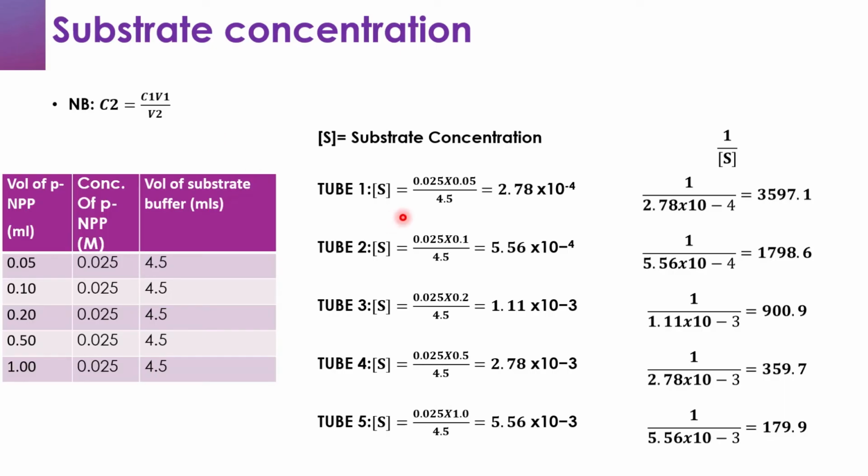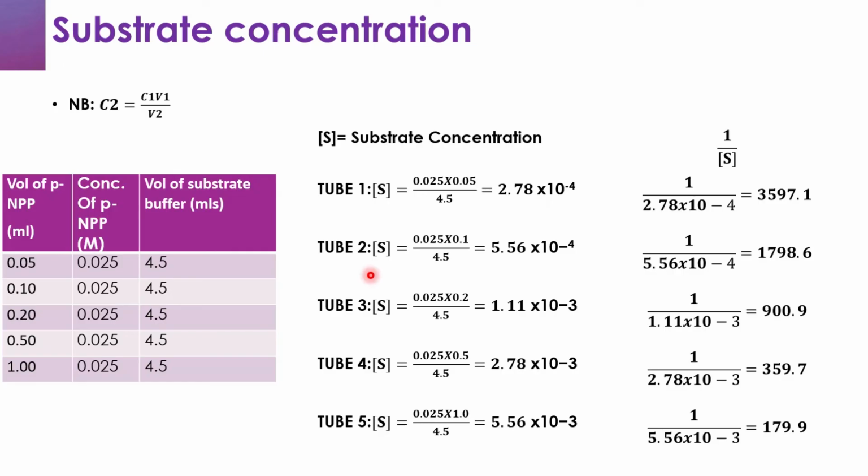For test tube 1, we know our C1 is 0.025, and the volume of PNPP used is 0.05 as shown in the table here, and our V2 is 4.5. So if you do this calculation, we'll get 2.78 times 10 exponent negative 4.